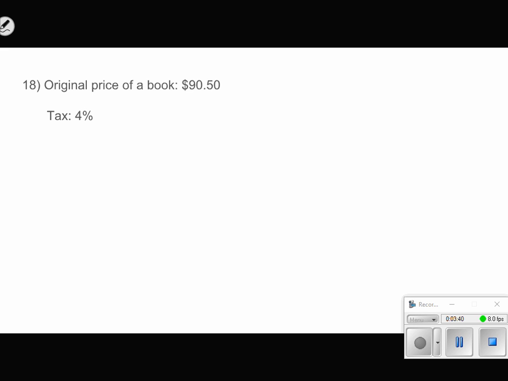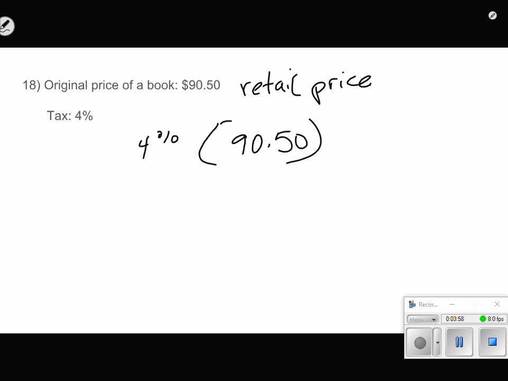So we are figuring out the tax. Before we do that, I'm going to write down that this is a retail price. And the 4%, we ask ourselves, 4% of what? It's going to be 4% of the retail price, so 4% of the original price.